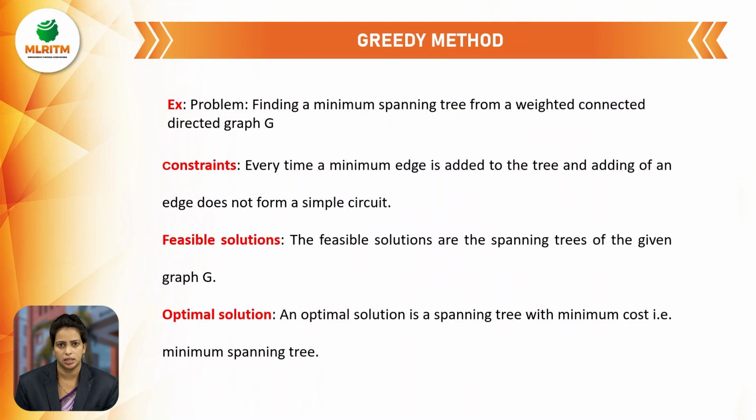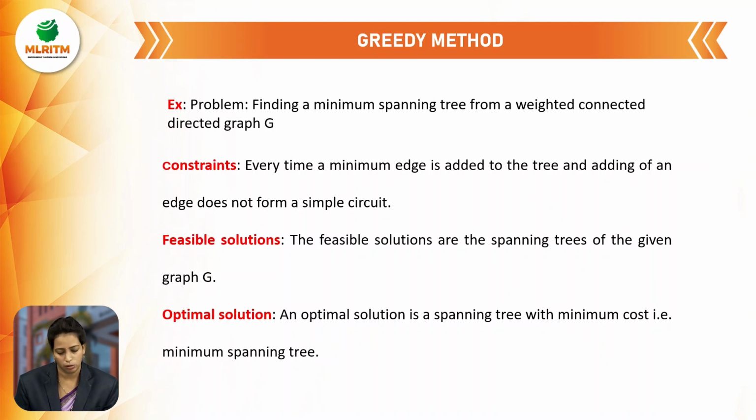So let us consider one example: minimum cost spanning tree from a weighted connected graph. As I already told you, we consider constraints and optimal functions. In this minimum cost spanning tree, the constraints are that every time a minimum edge is added to the tree, the addition of an edge does not form a simple circuit.